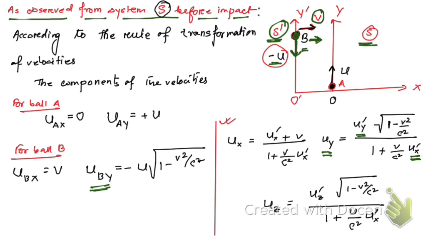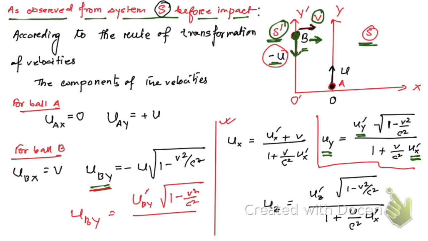Actually, in order to obtain the uby, according to this formula, we should take uby dash, root over 1 minus v square by c square divided by 1 plus v square by c square, and this should be ubx dash, right?